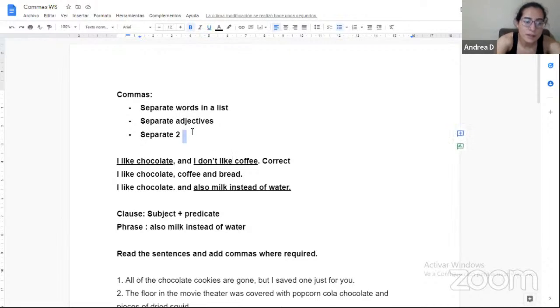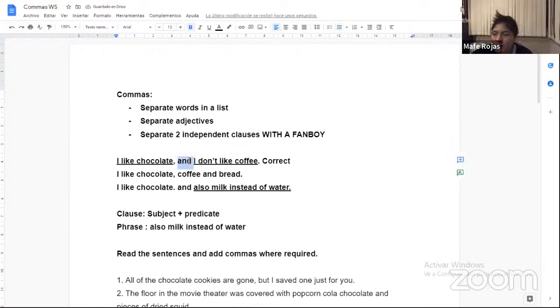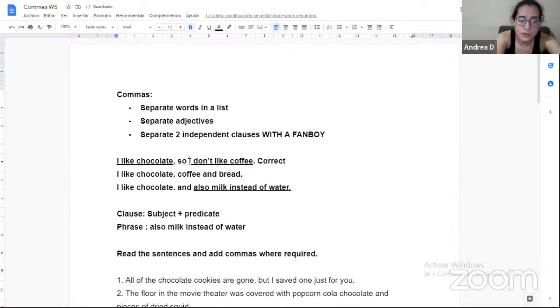But you only separate two independent clauses with a comma when you're using a fanboy, a coordinating conjunction, like and, so, or. You can never separate two independent clauses with a comma without a fanboy, right?